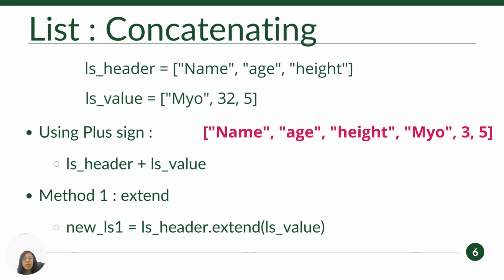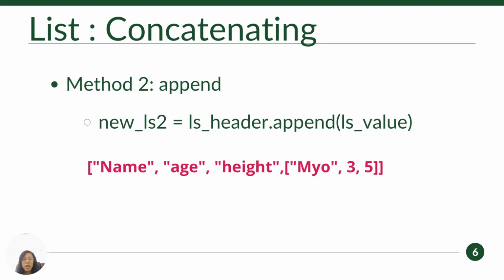That means in the second variable ls_values, we can see that there are three elements, right? So if you combine ls_header and ls_values, you will have 6 elements in your new ls1. Right? So each element in the second list variable is considered as one element in the new list.